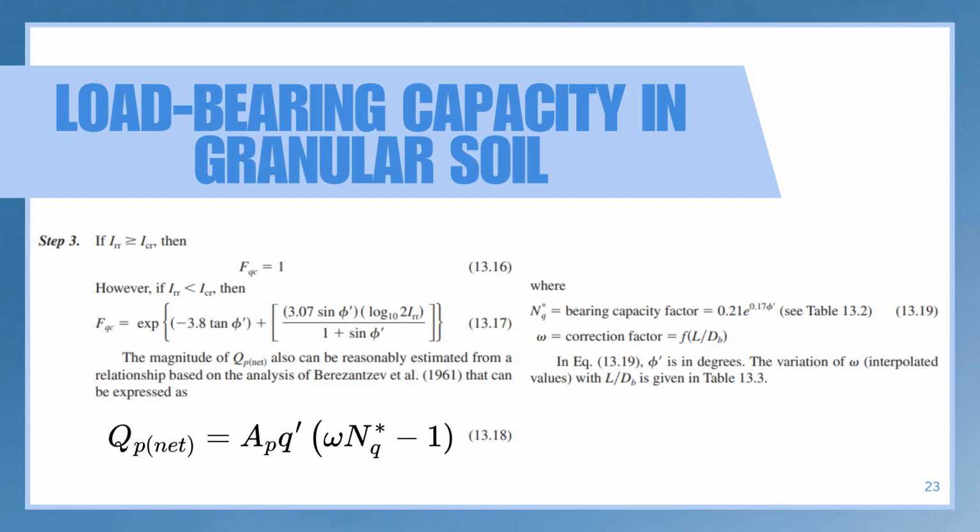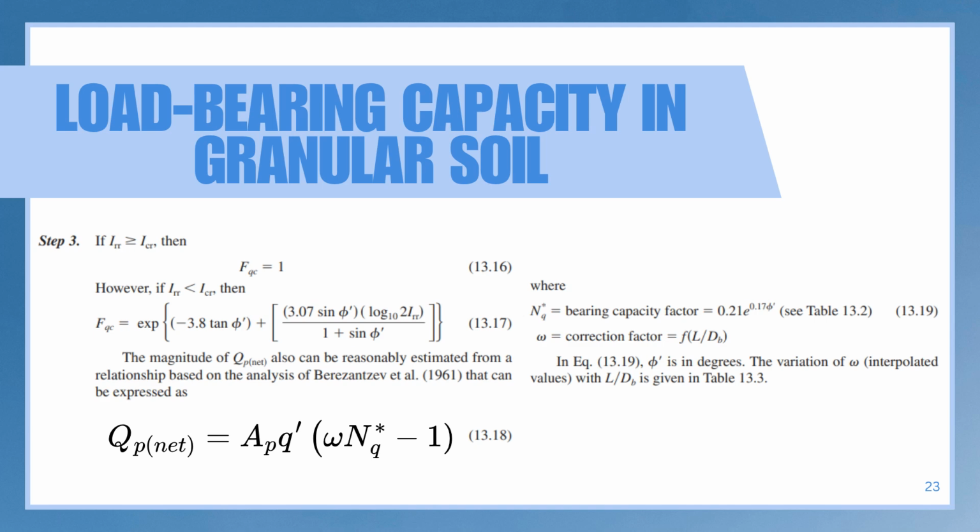Additionally, equation 13.18 provides an alternative approach using a modified bearing capacity factor N*_q, which can be obtained from table 13.2 based on the soil friction angle. It also includes a correction factor omega, which accounts for the pile geometry, especially the ratio of length to diameter L over d_b.